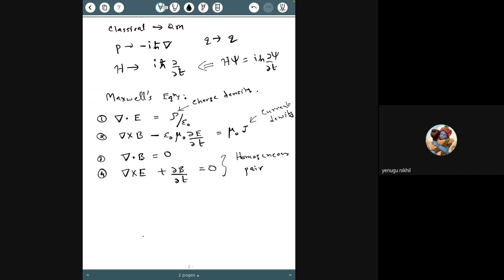If I say that my electric field is produced by a scalar potential phi and my magnetic field B is produced by a vector potential A, then how they are related to each other is determined by 3 and 4. So phi is a scalar potential and A is a vector potential.